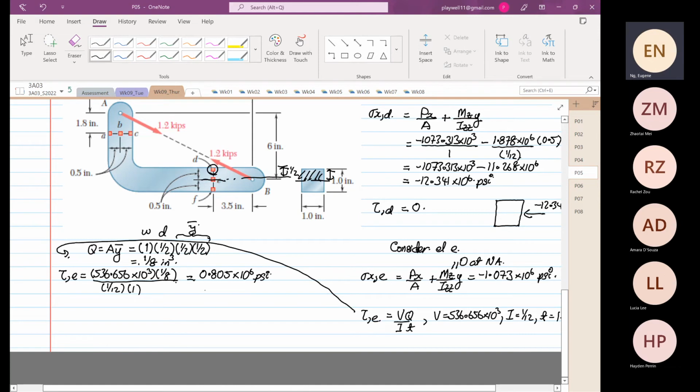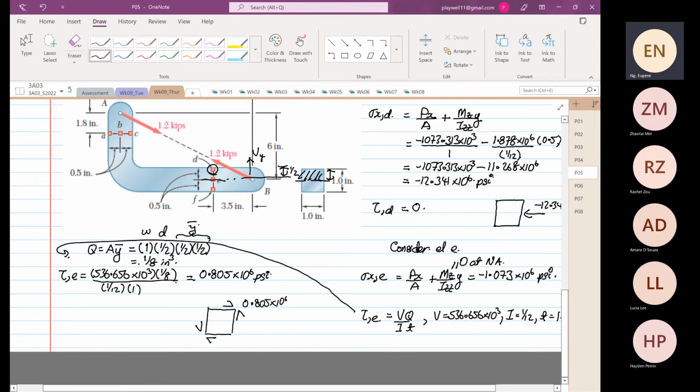So when that's the case, now we can construct our element. You don't need to draw the element, but I just want to show it to you. At element E, the shear is going up this way, so the shear force Vy is going this way. So basically it's positive shear, 0.805 times 10 to the power 6 psi.